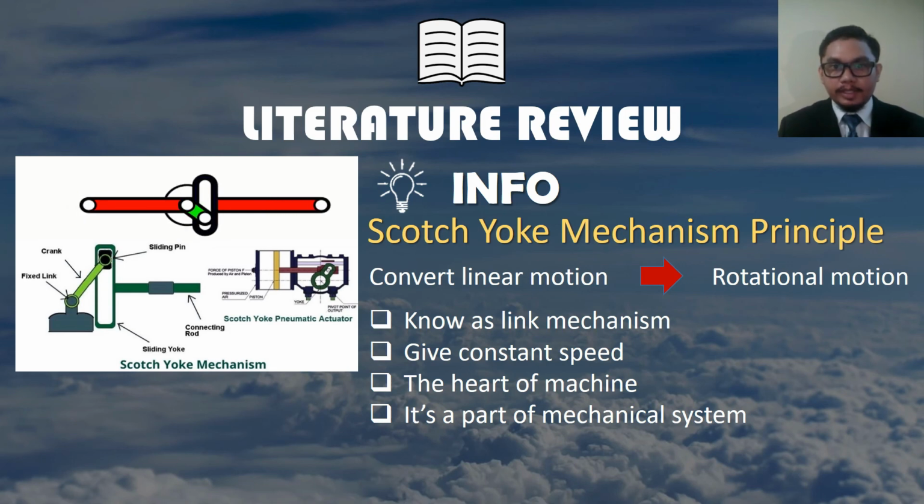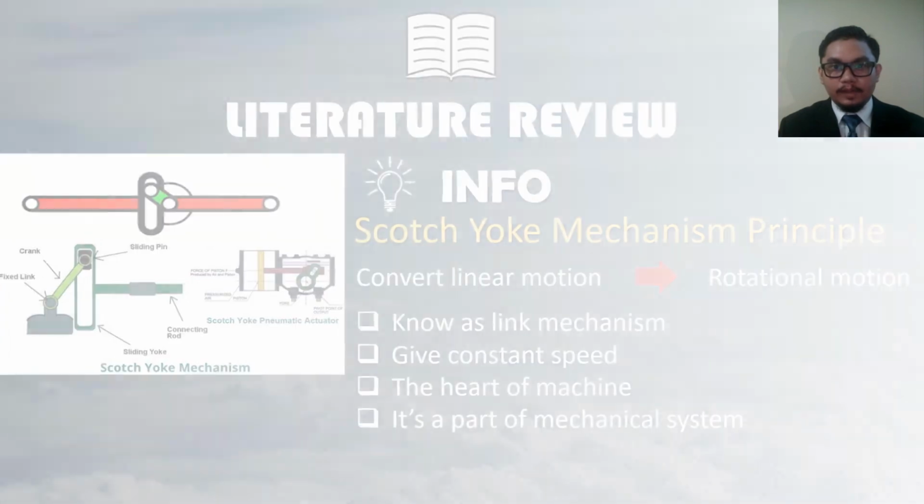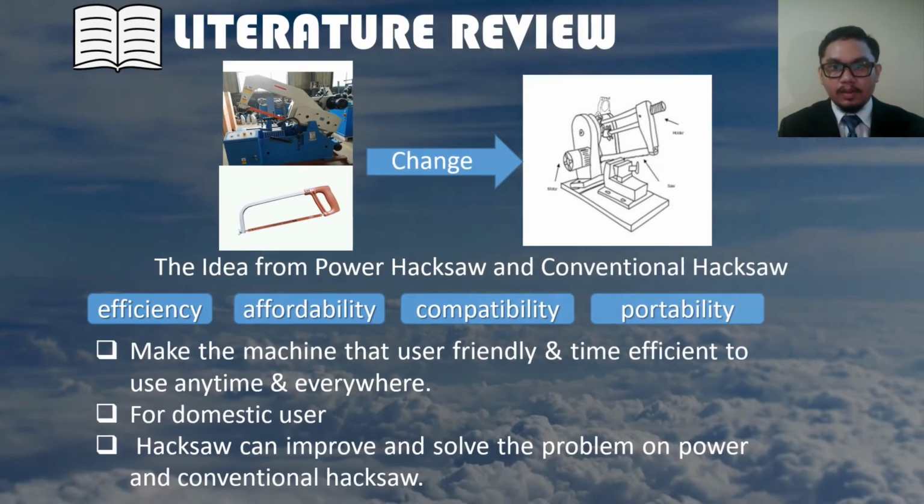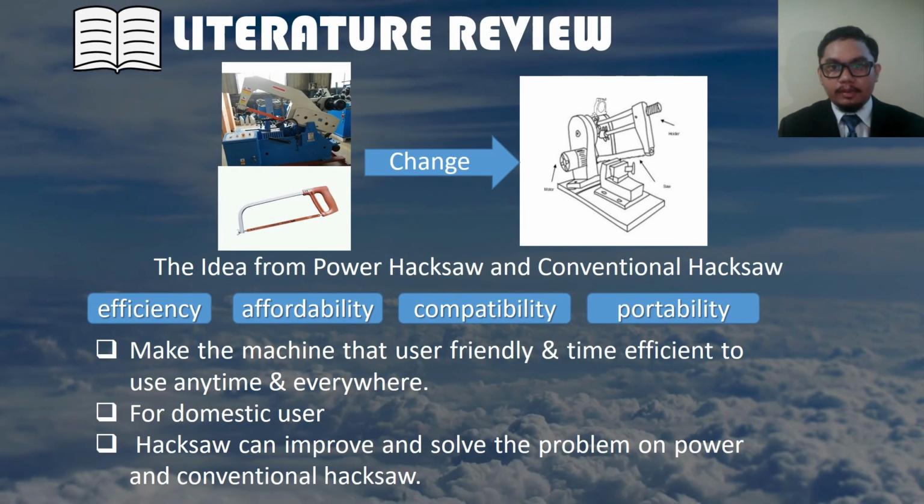Next, from the research that I have found, there are many basic ideas generated to create the product. For example, they want the hacksaw to have efficiency, affordability, compatibility, and portability so that the domestic user can use it anytime and everywhere, but they cannot because many products in the market are heavy and bulky.